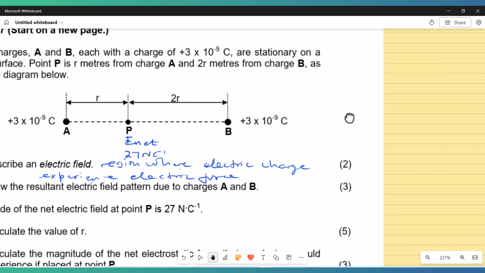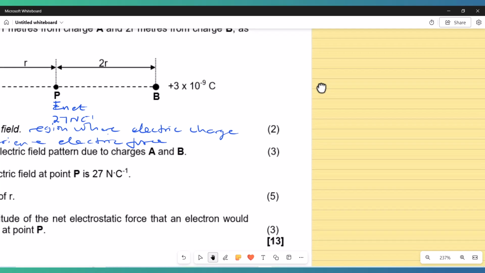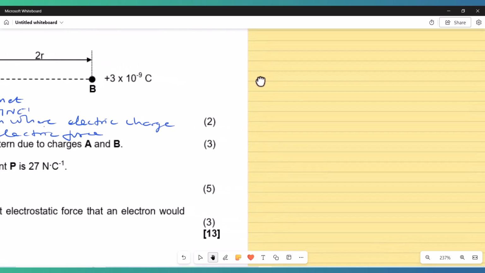Our E net at point P is the sum of the electric field because of charge A plus the electric field strength because of charge B.